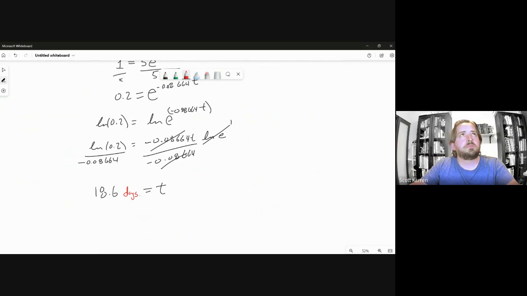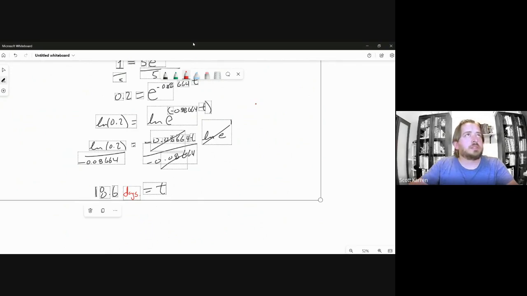All right. There are other exponential examples. So let's take a look at an astronomical one.